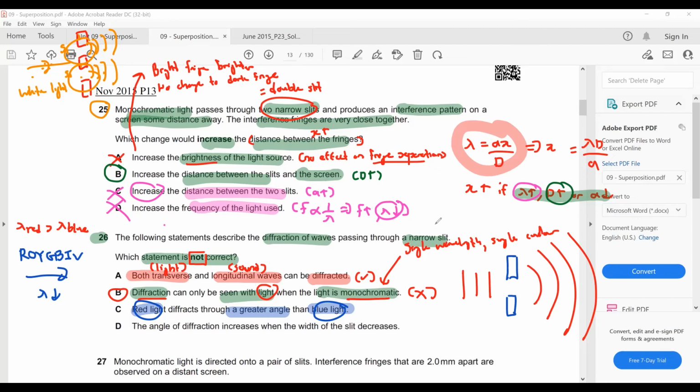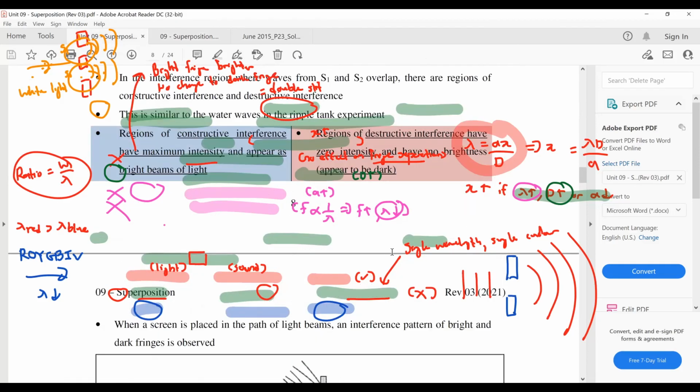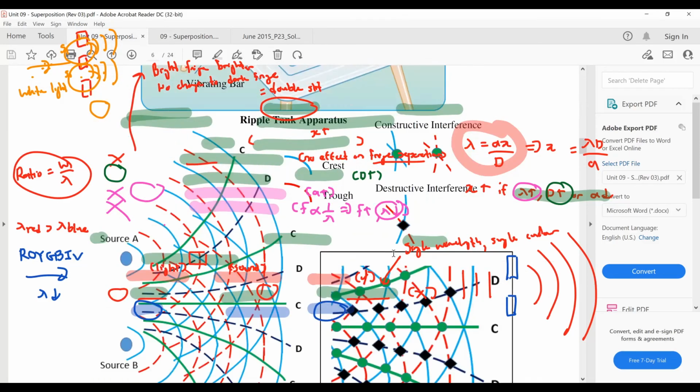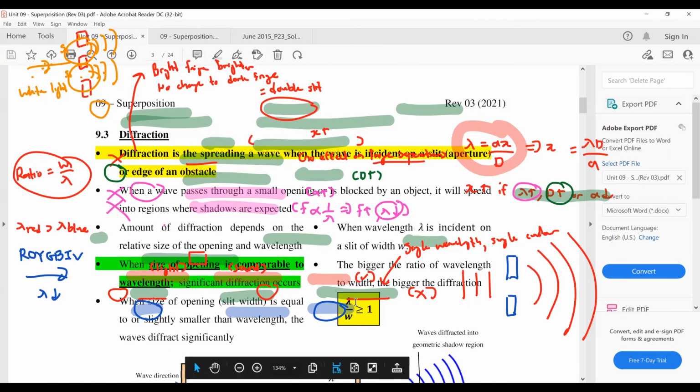Okay, so this one, how would you do this? Okay, remember that little ratio of lambda over W, the one that I did under page 3, I think. Sorry, lambda over W, my mistake.